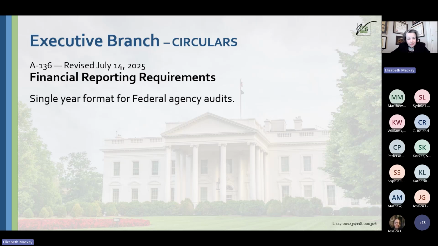So once again, the pressure's on the federal agencies, and they're being held on a short leash, with the focus on the year being thought to be more conducive to precluding waste, fraud, and abuse in a timely manner. It's more real time.